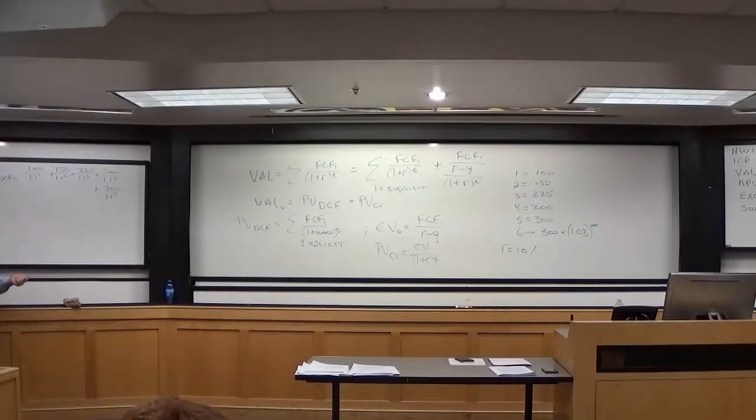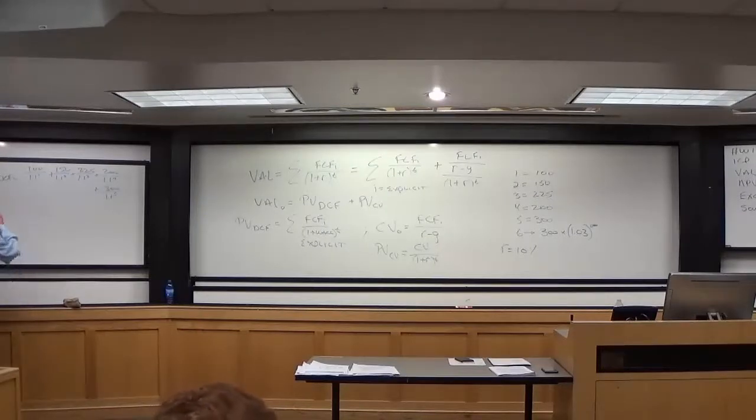Does that make sense? I've explicitly calculated my forecasted cash flows for 5 years, and I've then hinted at what I think they're going to continue to be beyond the 5th year.